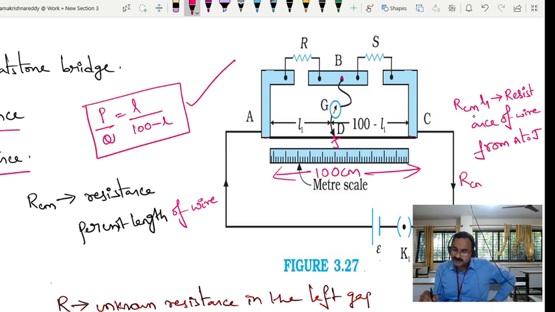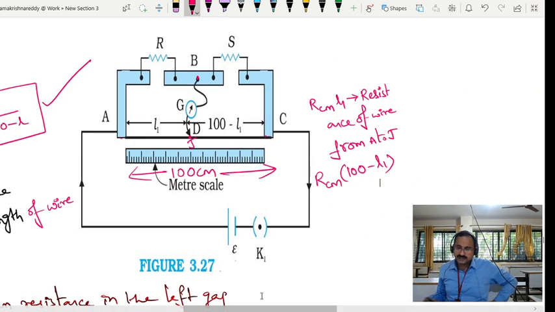In the same way, for the remaining portion, RCM into 100 minus L1, what do we get?